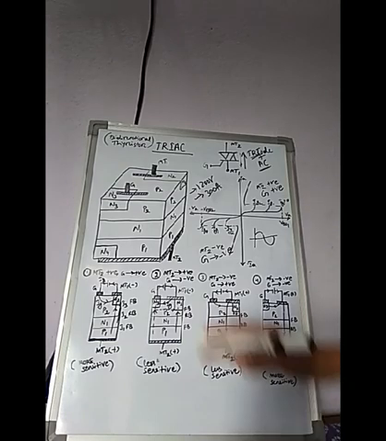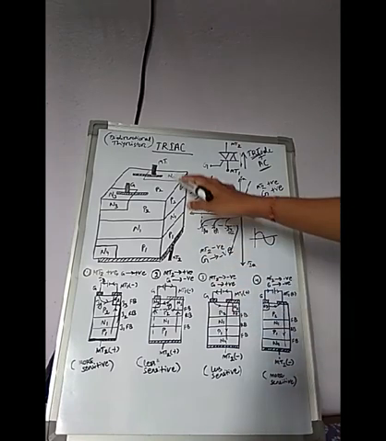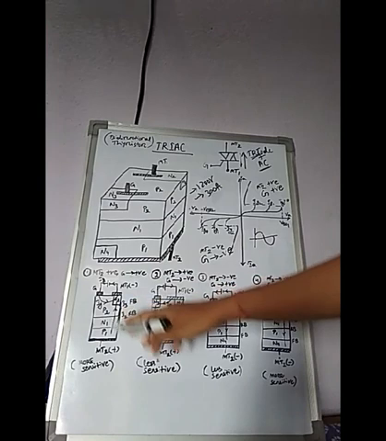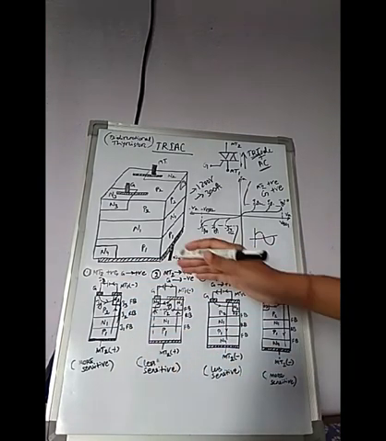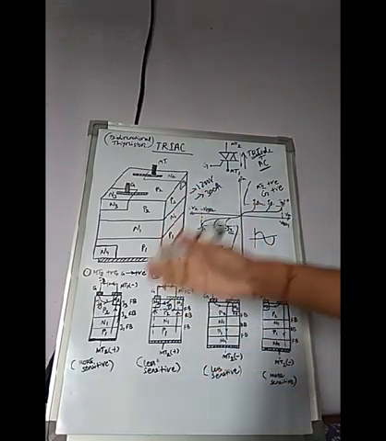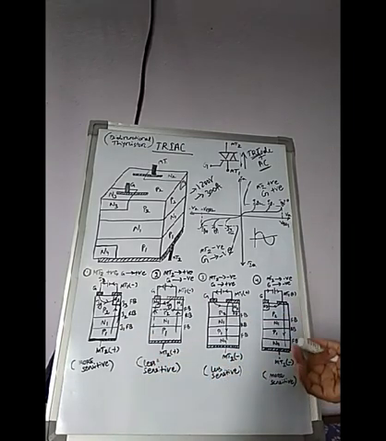Okay, so this is all about the triac. This is the triac structure, this is the triac operation, these are the different modes of operation of the triac. From this you can better understand which modes of operation are more sensitive and which modes are less sensitive. Okay, thank you.